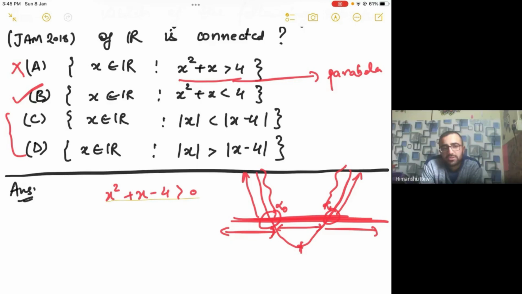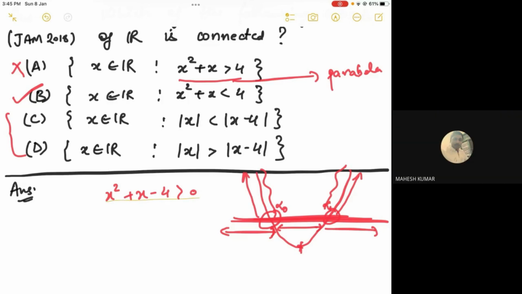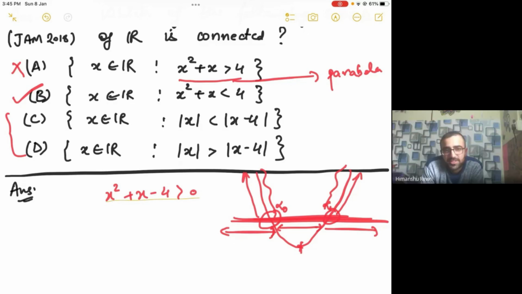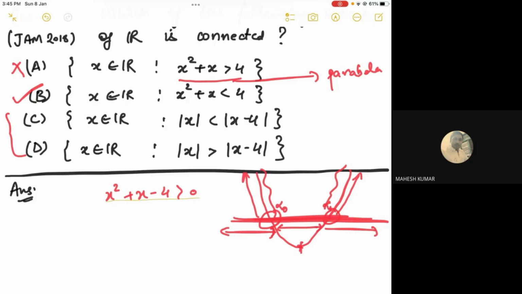Okay, so have you used the modulus property for part C or D? I think I square both sides. Okay, you square both sides. So this way you can also do it, just a square minus b square.